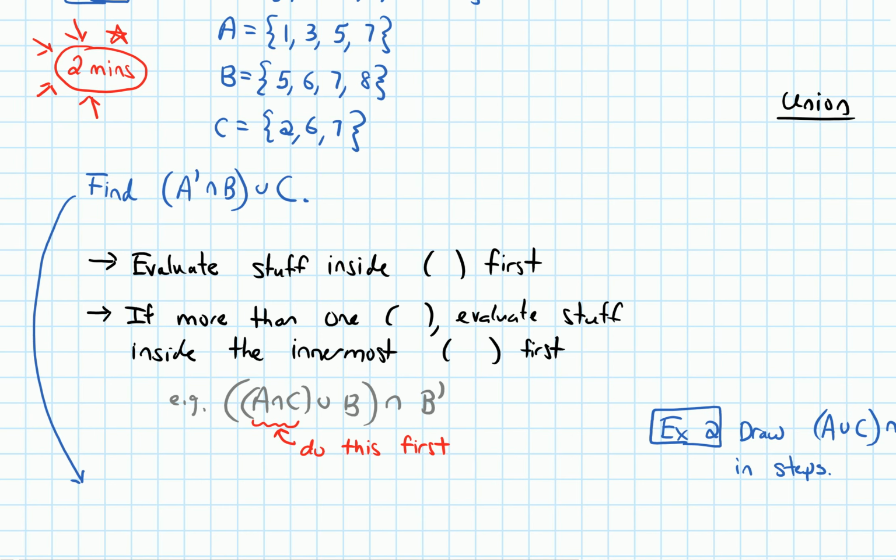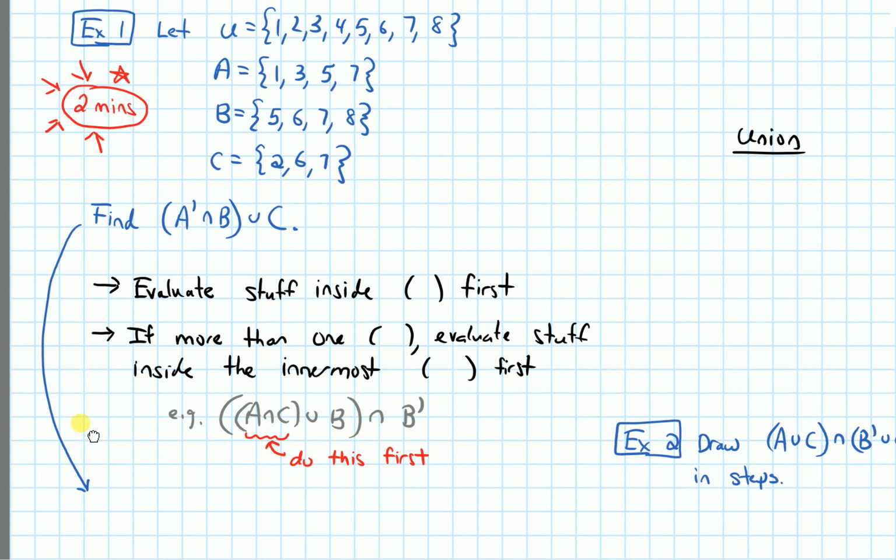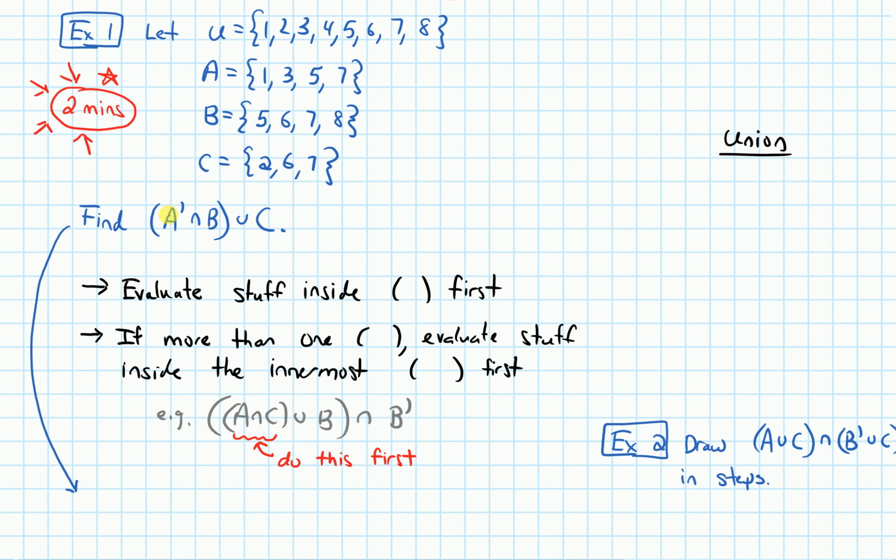Let me zoom it out a little bit more so I can see you. Okay, so let's begin with getting A complement. A complement is the stuff in U that is not in A. Those are going to be the even integers 2, 4, 6, and 8. And that's A complement.